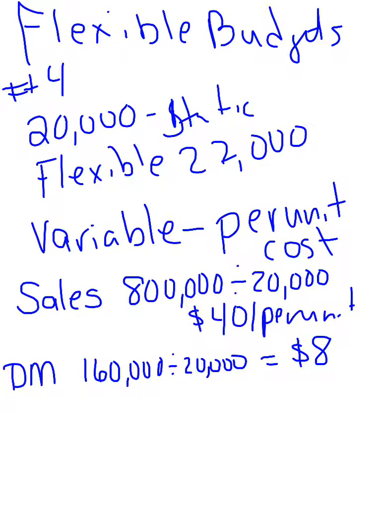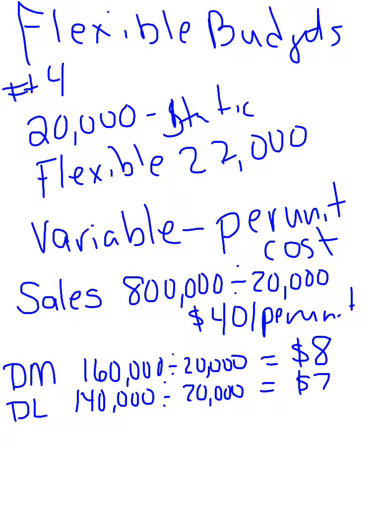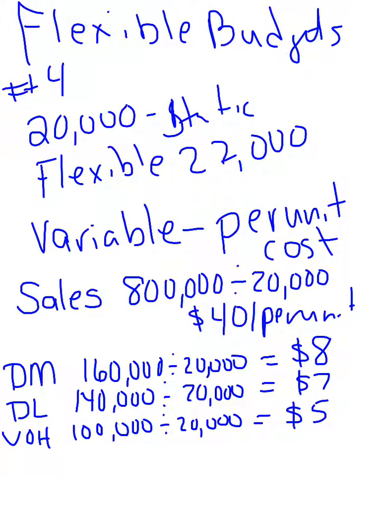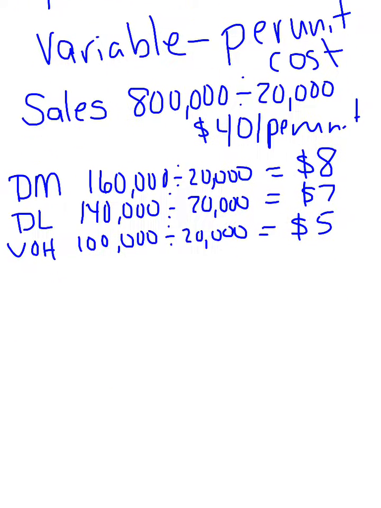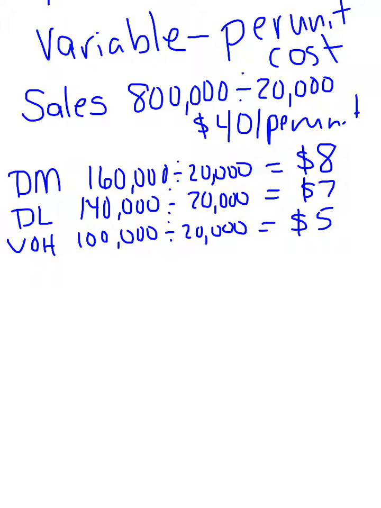Anything that is listed over here as a variable cost, you would have to figure out the unit cost. Anything that is listed as a fixed cost, here, here, and here, and then right here, along with this fixed overhead, would remain the same because our fixed costs do not change when we increase our actual volume.